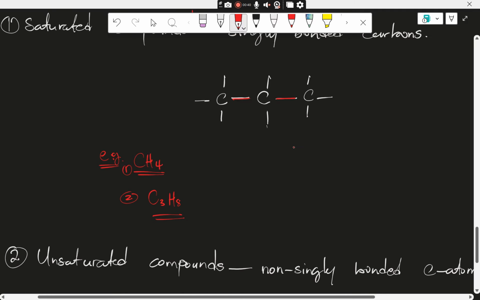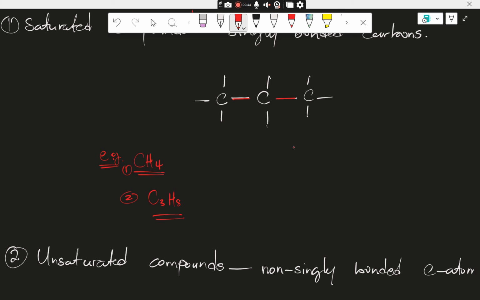So this is the molecular formula. I'm trying to jog your memory on what a molecular formula looks like. It will just look like CH4, C3H8, the condensed formula. You should be able to write the condensed formula of this.